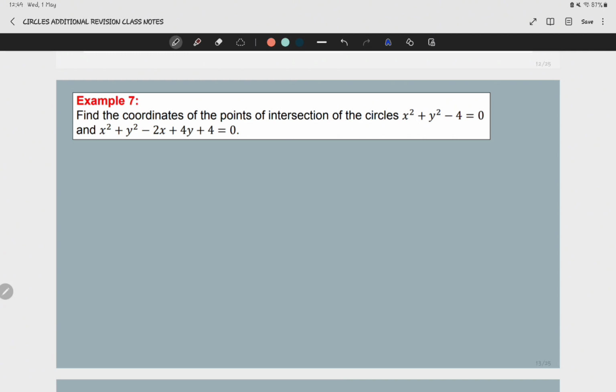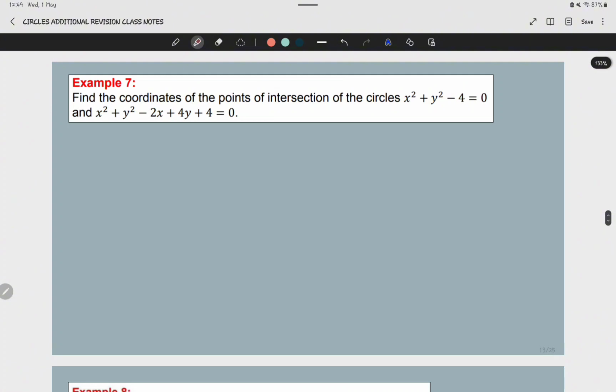So here we have 2 equations, so we will be solving by using the simultaneous equation method. Okay, so you can notice here, we have x square here, y square here, x square here, y square here. So we can actually substitute x square plus y square equal 4 into equation 2.